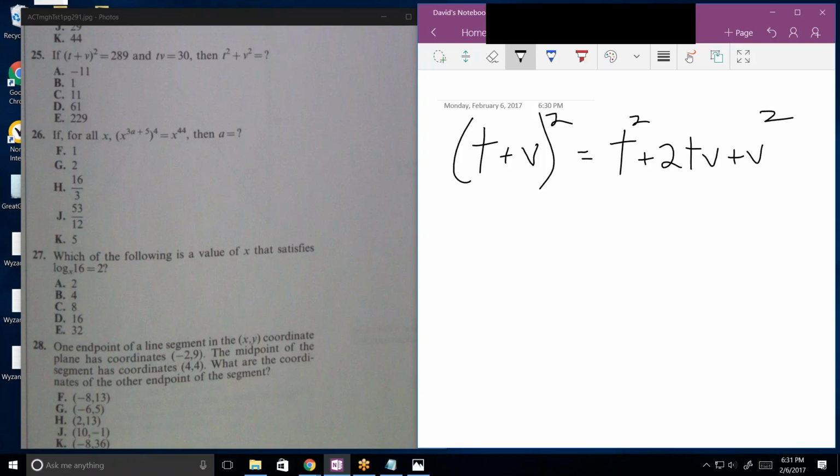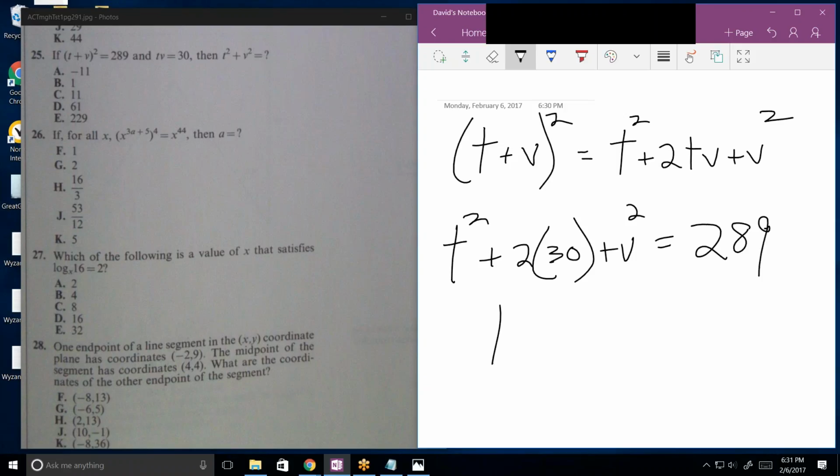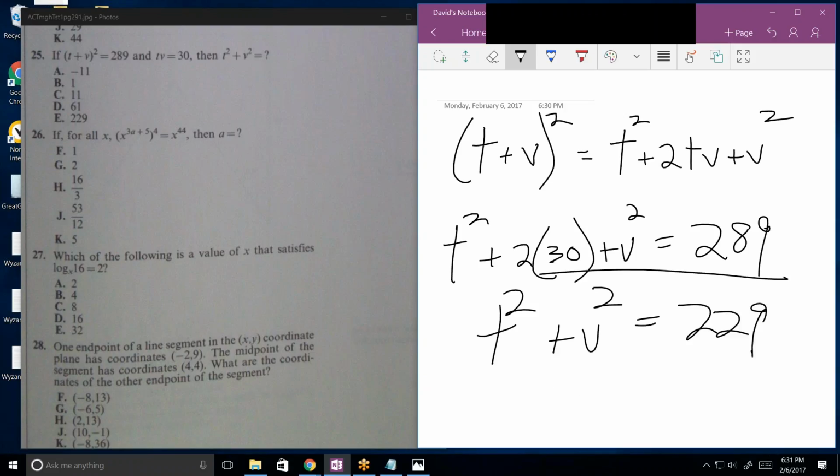So now we can say t squared plus 2 times 30 plus v squared equals 289. That means t squared plus v squared equals 229.